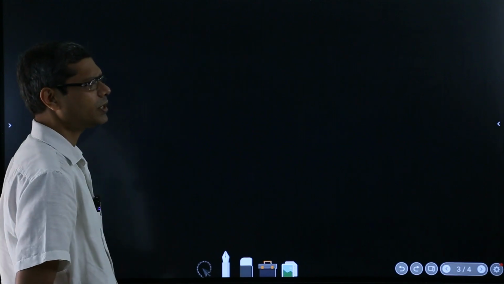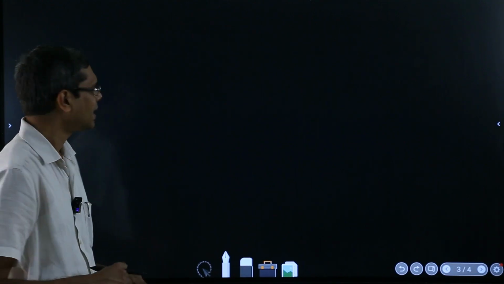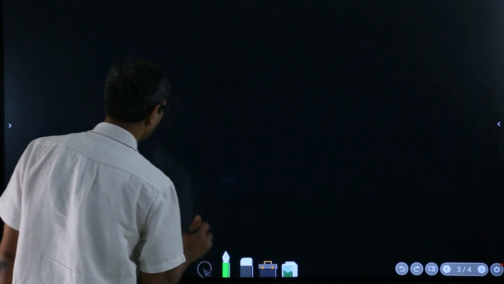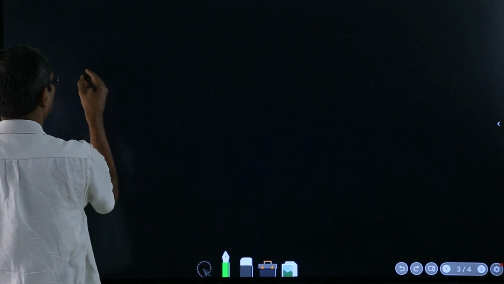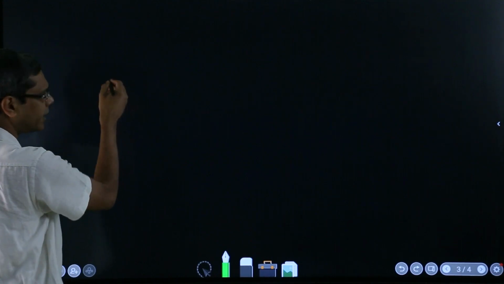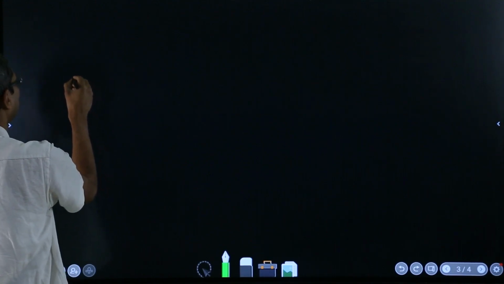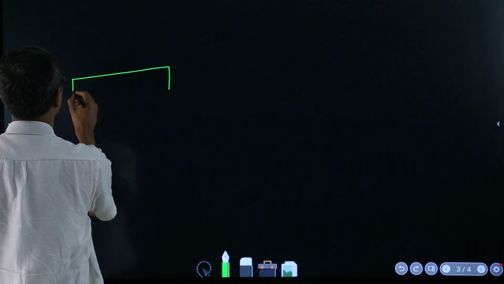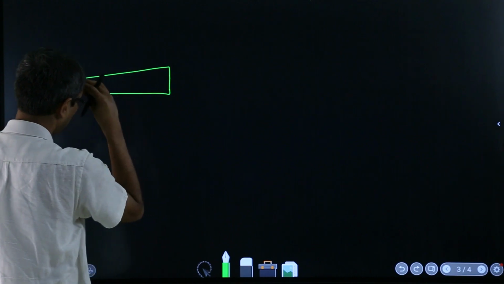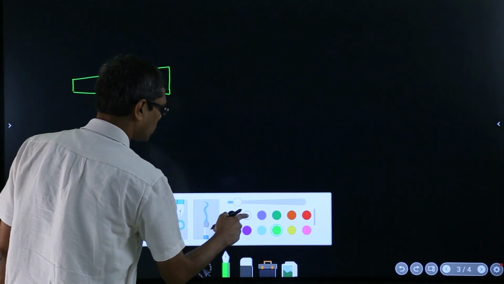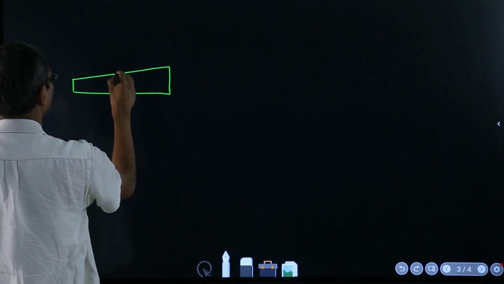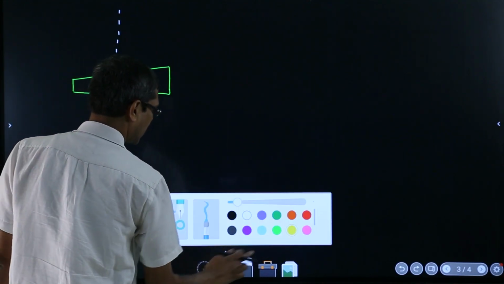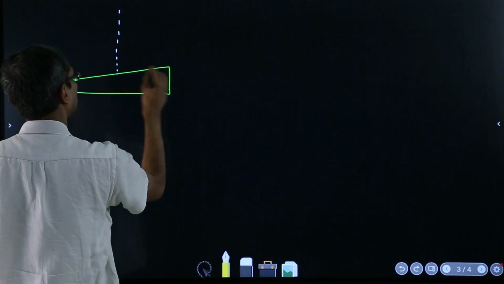Now, when we have removed the force, let's draw the free body diagram of the wedge. Case 1: say this is the wedge, and then I will draw the vertical to the ground, and also the perpendicular to this surface.